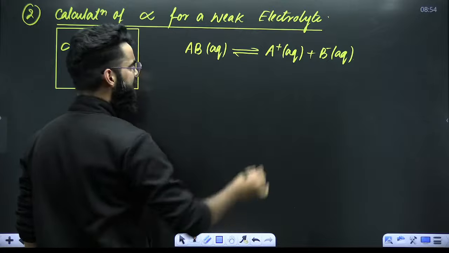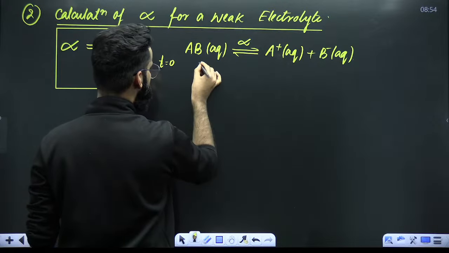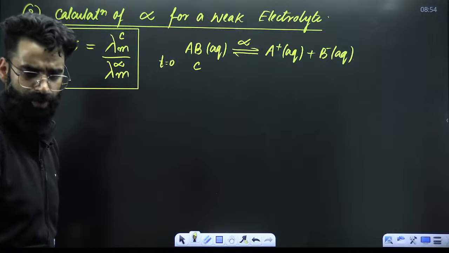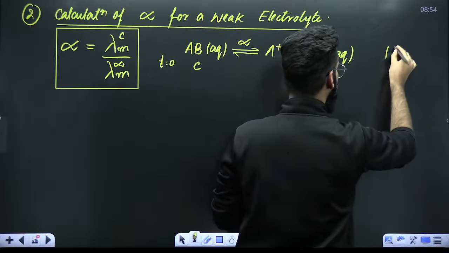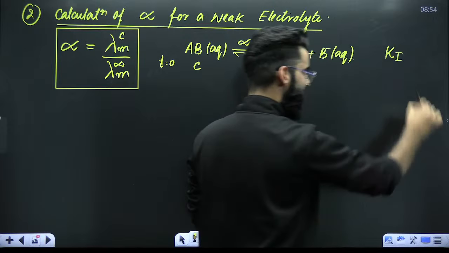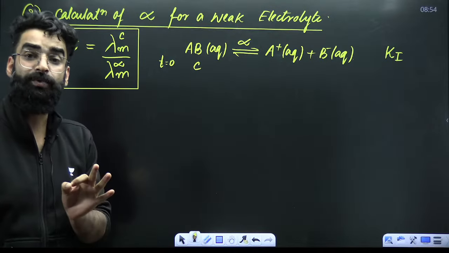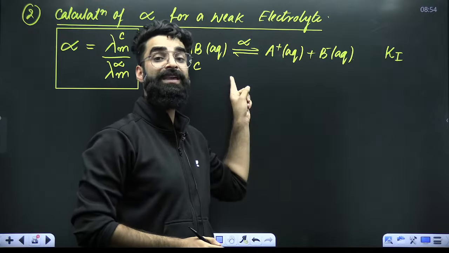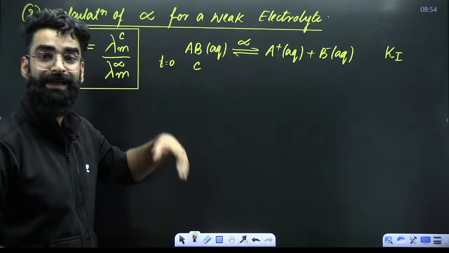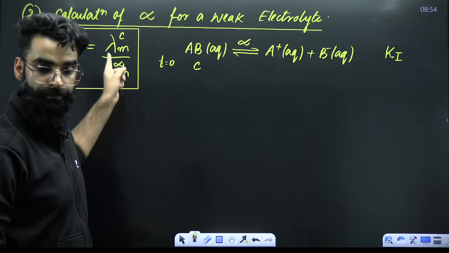Let's assume its degree of dissociation is alpha, and initially at time t equal to 0, its concentration is C. I'm assuming that the ionization constant of this weak electrolyte is Ki. We can calculate the ionization constant of a weak electrolyte in terms of lambda m and lambda naught m.